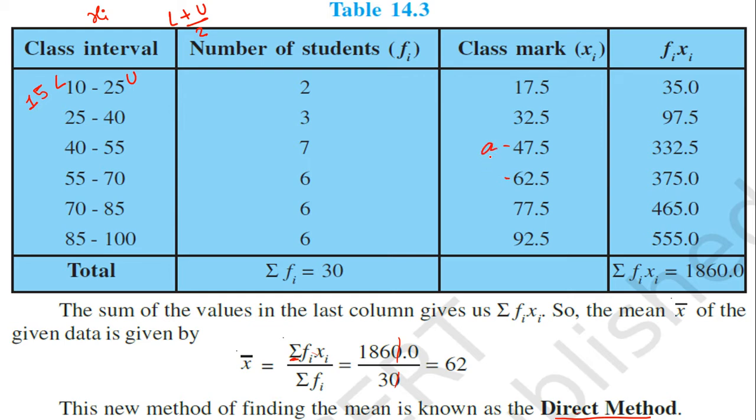Because it's called assumed mean. You have assumed that this is our mean. Actually, that is not your mean, but you have assumed that it can be our mean. So either 47.5 or 62.5 is your assumed mean, and you have to write one more column and a few calculations there.